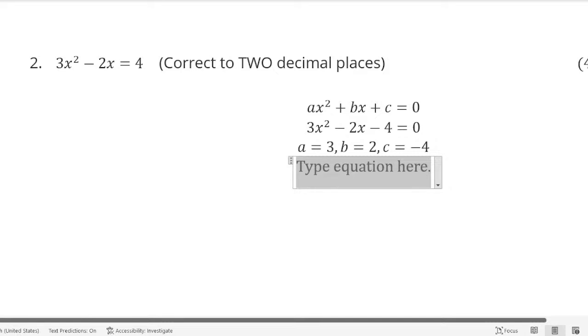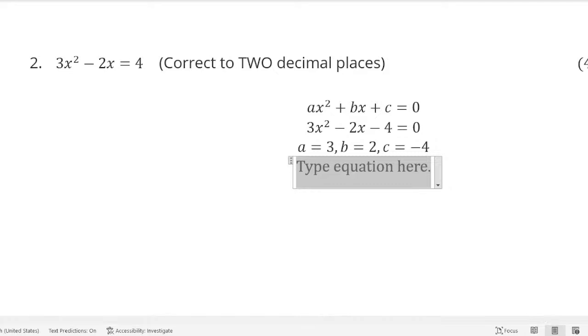The quadratic formula you are always given in your formula sheet, but I prefer that you know it by heart because you'll be using it even in grade 12.